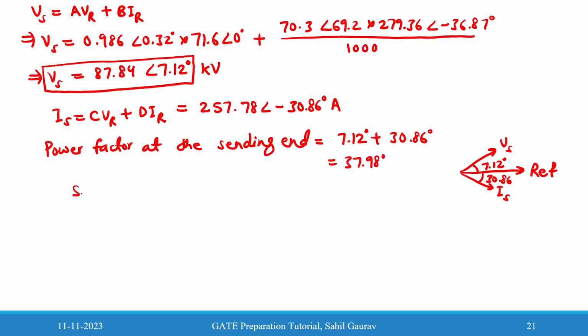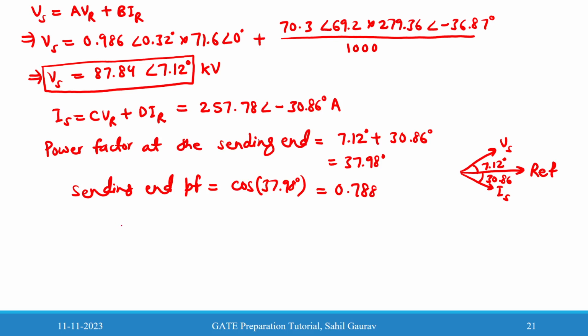So the sending end power factor will be cos of 37.98 degree, which is 0.788. Therefore, it is only asking for the power factor.